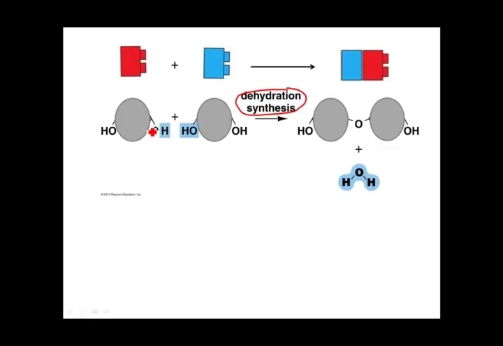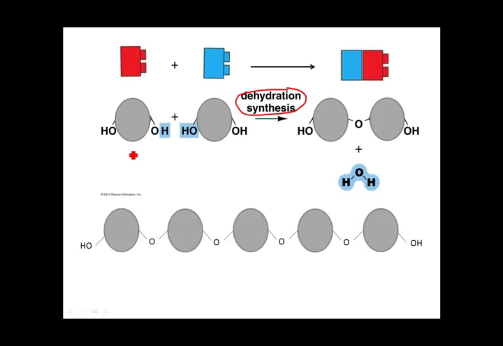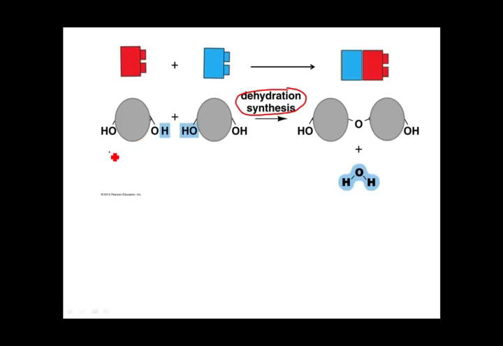So what do we have here? This is a monomer, and this is a monomer. These are shown very generally to just describe what dehydration synthesis is. Dehydration synthesis is a type of reaction that links 2 monomers together and removes water.